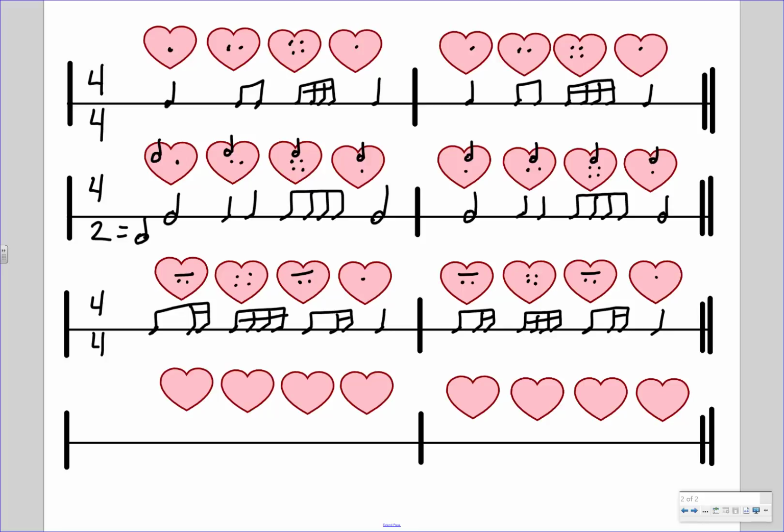Transferred to notation, it would be an eighth note and two 16ths, four 16ths, an eighth note and two 16ths, quarter. That's 1 and a 2E and a 3 and a 4, the pattern that you heard there.